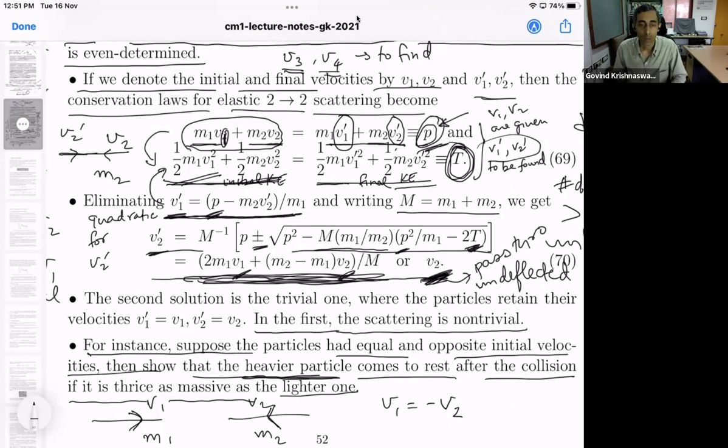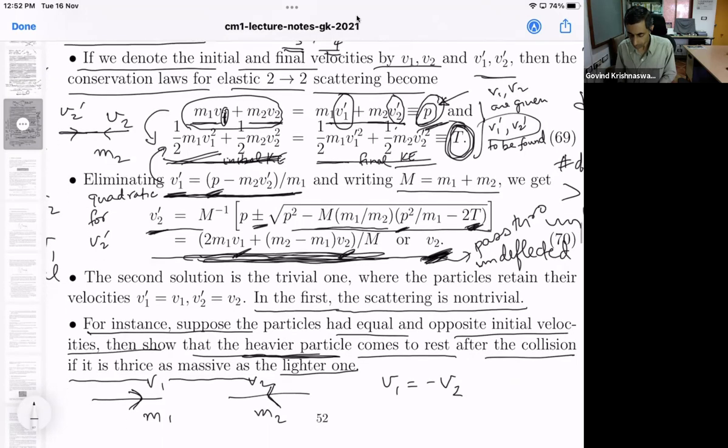If you have a collision between two billiard balls, one which is thrice as massive as the other, head-on collision with incoming speeds being equal and oppositely directed velocities, then the heavier ball will basically come to rest, and the lighter one will recoil. You are encouraged to find its recoil speed. There is nothing special about this particular setup, but it is nice to try to work it out.